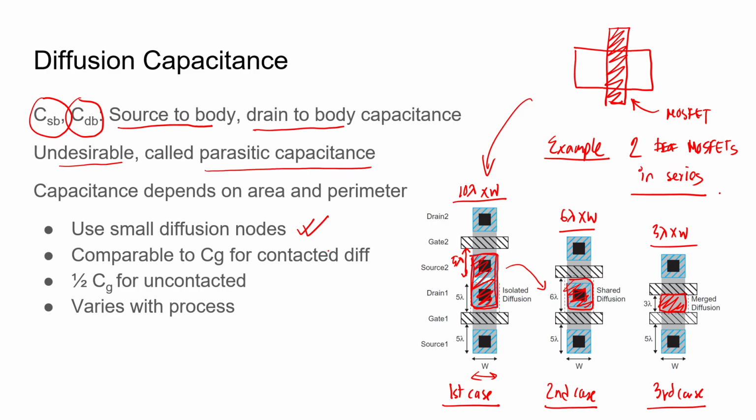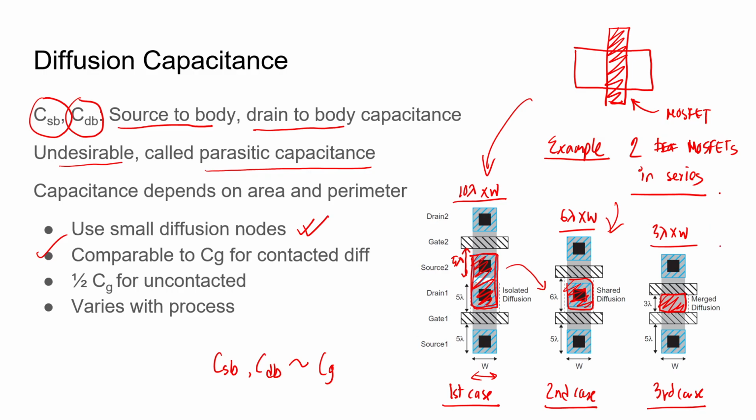And in the case of the contacted diffusion, whenever we have the contacted diffusion here, the CSB and CDB, the source to body and drain to body capacitances, could be approximated or comparable to the CG value that we calculated earlier.